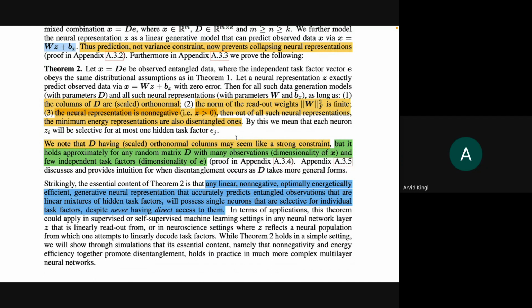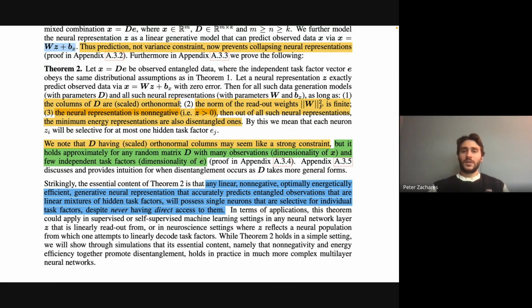Because otherwise, it almost feels like you can always rotate your components and mix them together to get a new component that is also a linear factor, and you wouldn't be wrong necessarily about it.